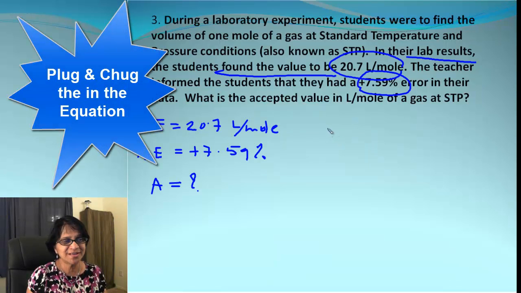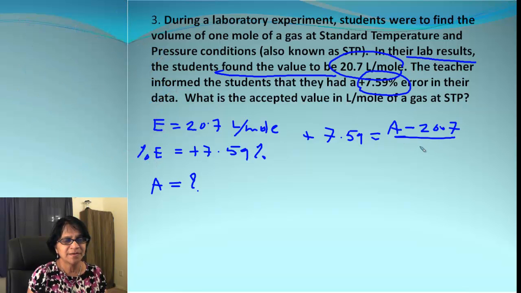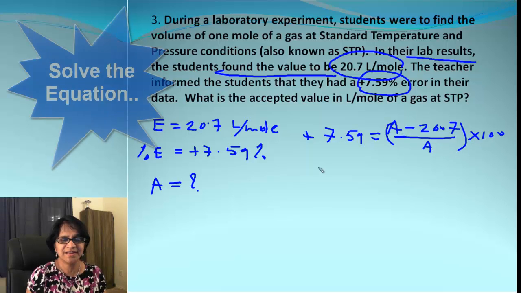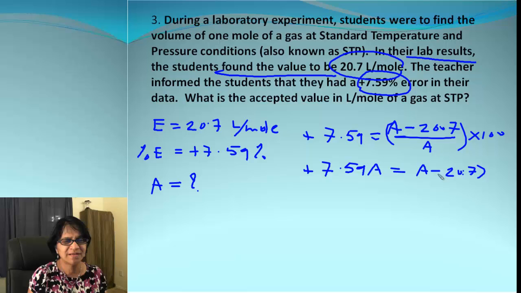So when we plug those, it's positive 7.59 equals A minus 20.7 divided by A times 100. We multiply both sides by A, we end up getting that times A, and then this will be A minus 20.7, that times 100.